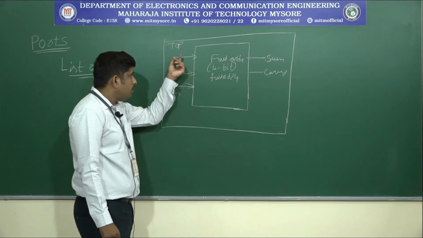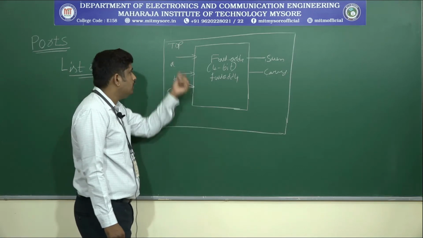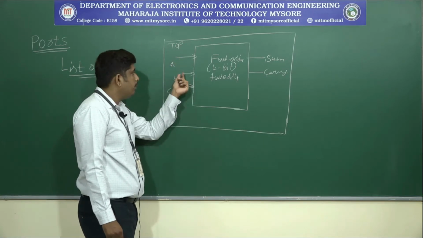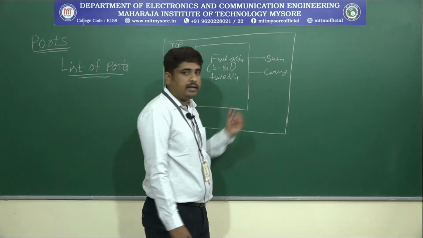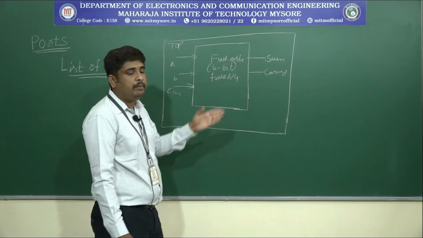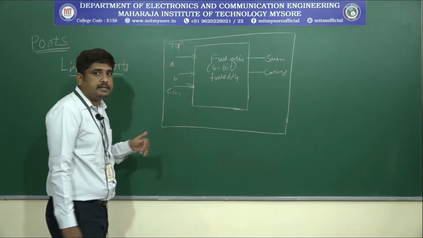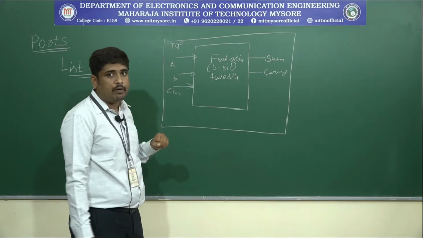Here just observe the ports, the inputs and outputs. A is an input, B is an input, then Cin is an input, and sum and carry we call outputs. All of these we name as ports. One more block is there, which we name top, called the top level block.